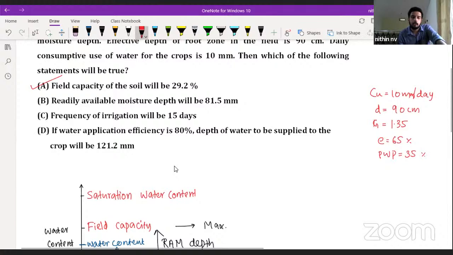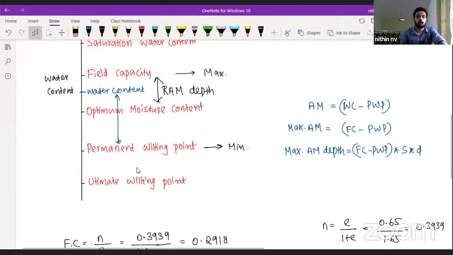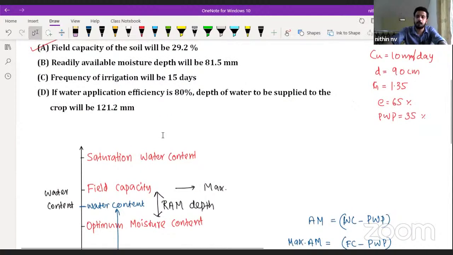Okay. Now, readily available moisture depth. How can we calculate the readily available moisture depth? The actual equation is field capacity minus optimum moisture content, multiplied by S into D. This is the actual equation, but they have not given the optimum moisture content in the question.